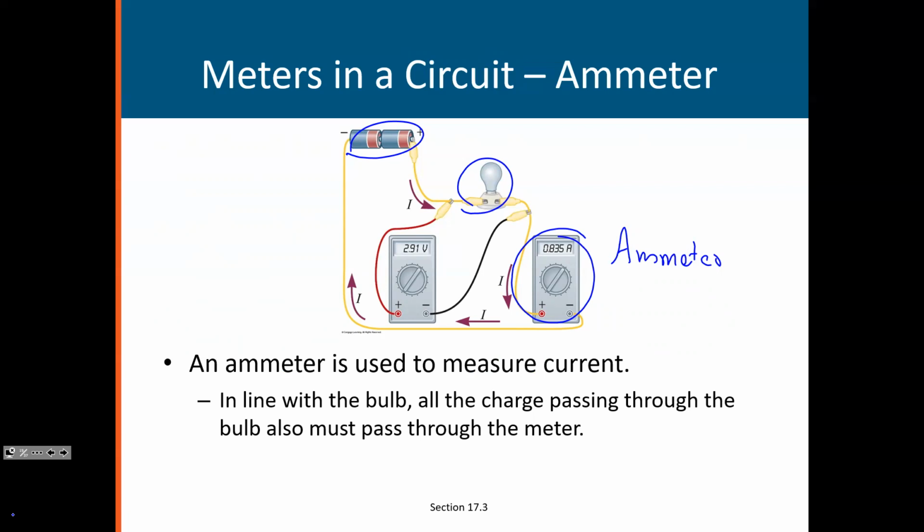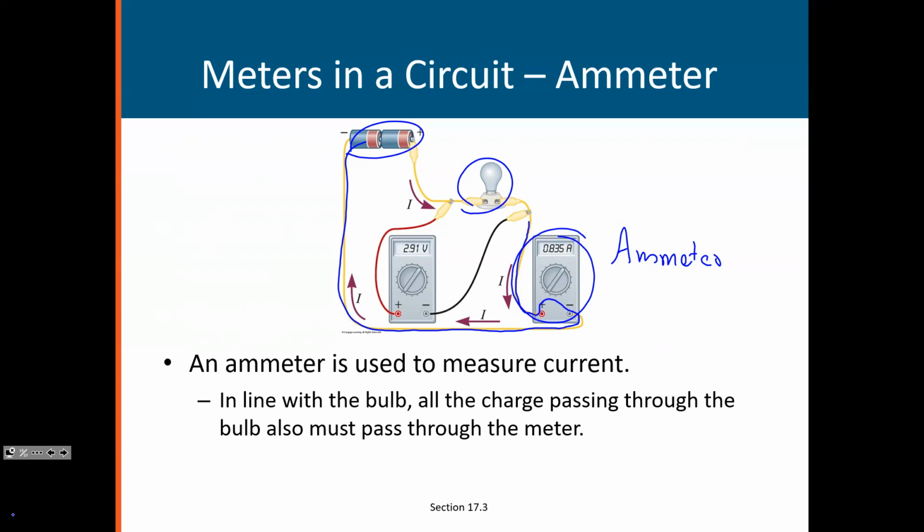Whatever current flows through the bulb will flow through the ammeter, so what the ammeter is measuring is the current through the bulb. The ammeter must be connected in series with the bulb, so the same current that flows through the bulb flows through the ammeter, and it will correctly read the current through the bulb.